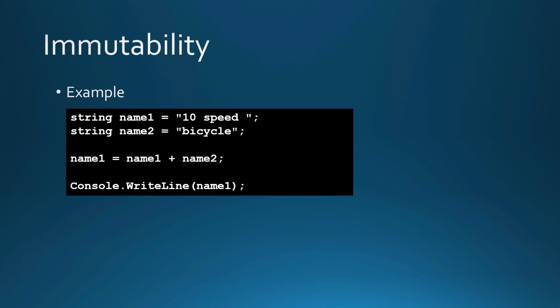It then concatenates name1 and name2 and puts that in that new area of memory. It then changes the pointer of this name1 variable to point to that new area of memory, and it informs .NET that this old area of memory now needs to be released. So that's an example of just a simple thing of string concatenation can actually cause memory usage to increase.